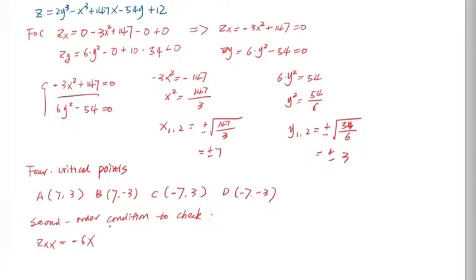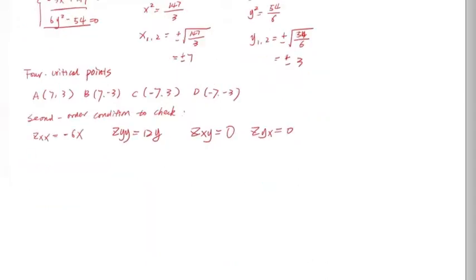So for the zyy, we check this one now, it is 12y. So for the zxy is equal to 0. For the zyx is equal to 0.